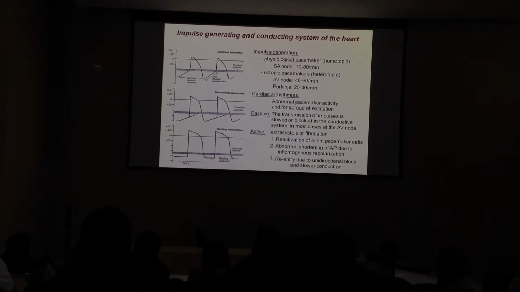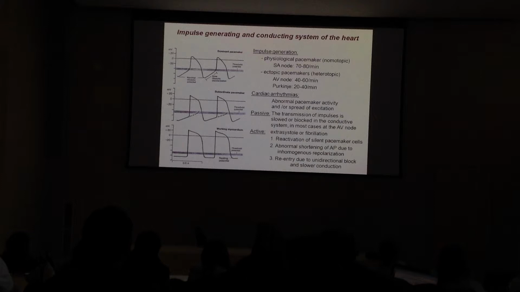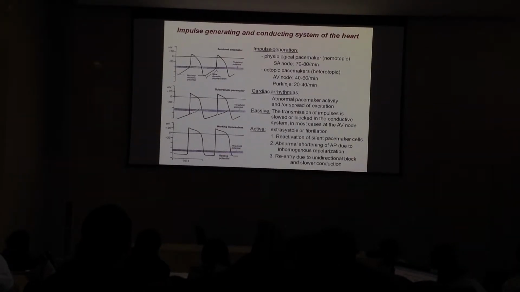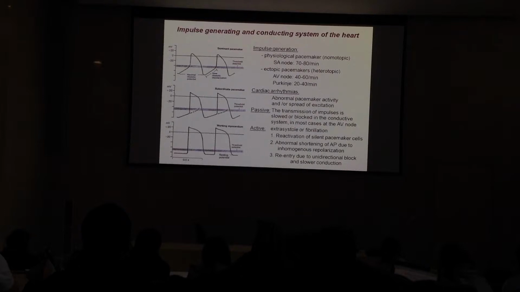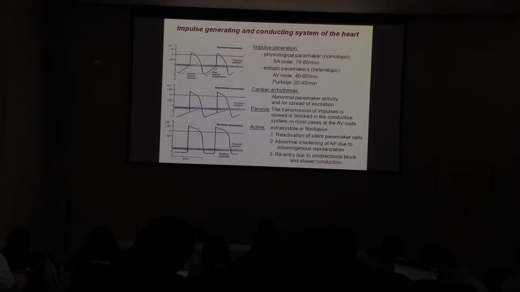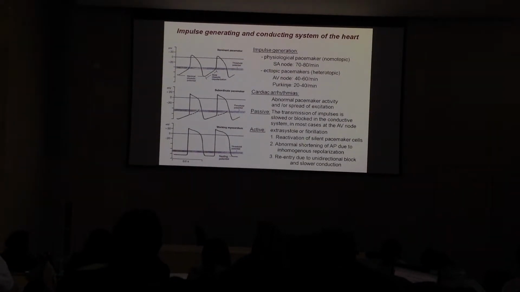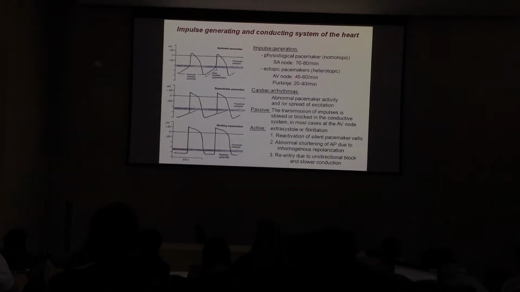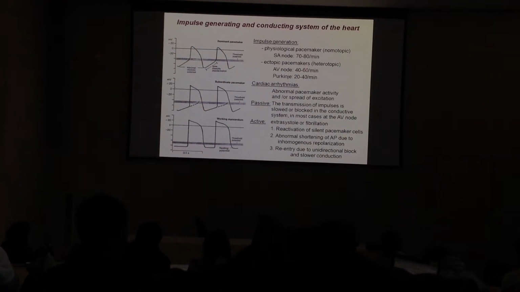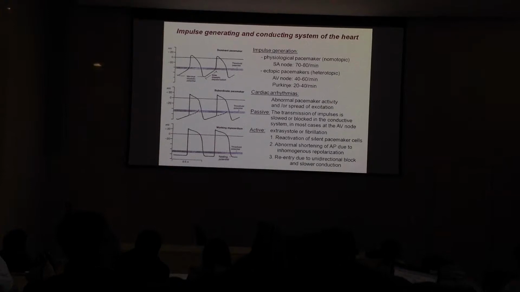But there are pacemaker cells at the AV node. The characteristic feature of these cells is that they can generate action potentials only at a lower rate, only 40 to 60 per minute.